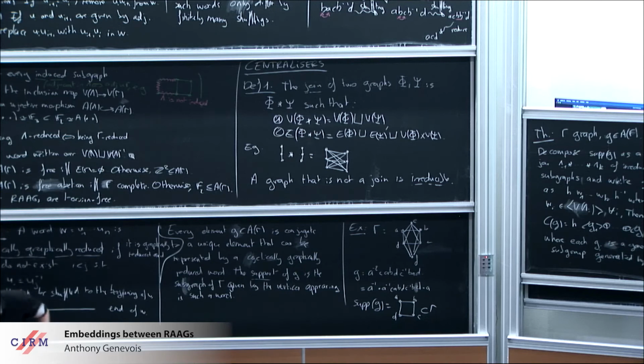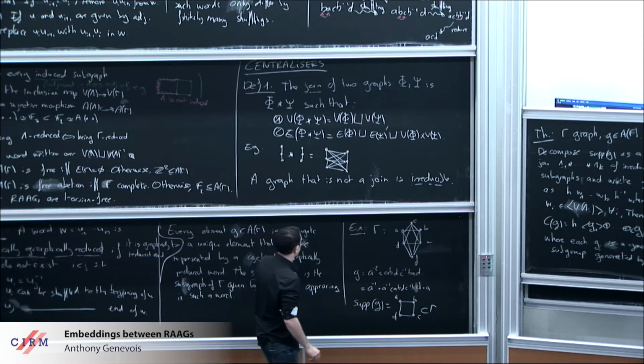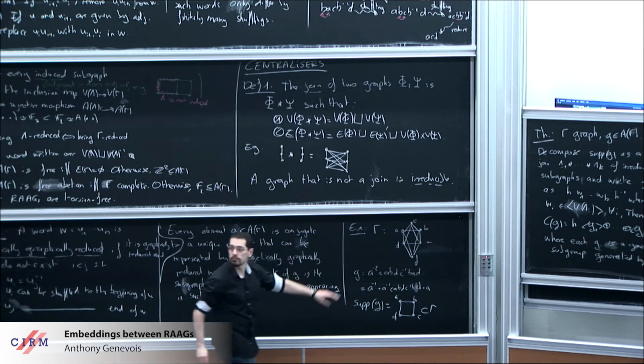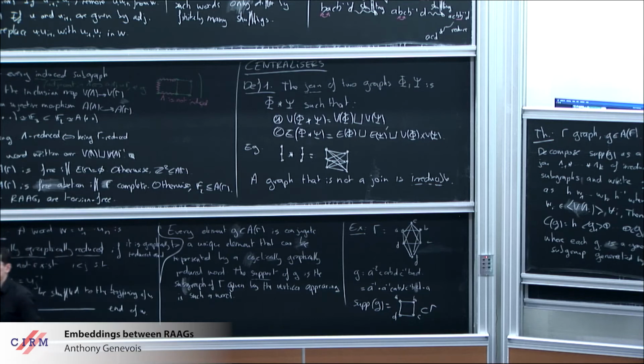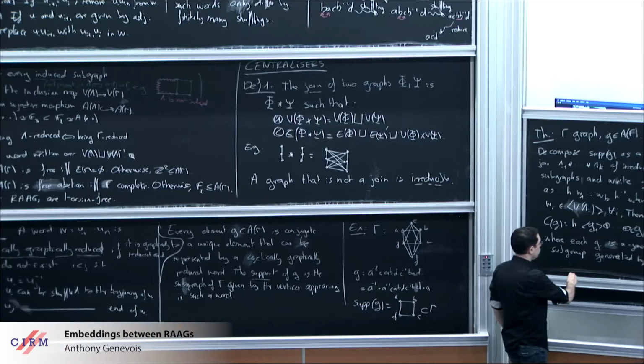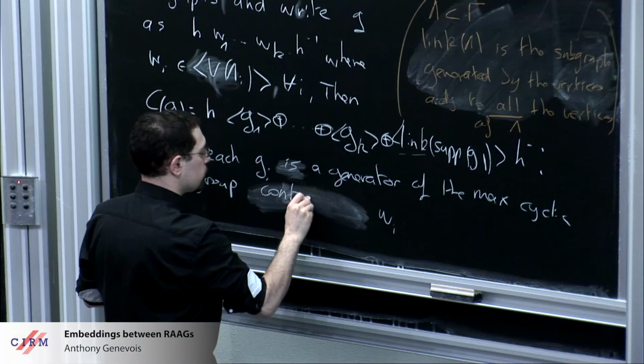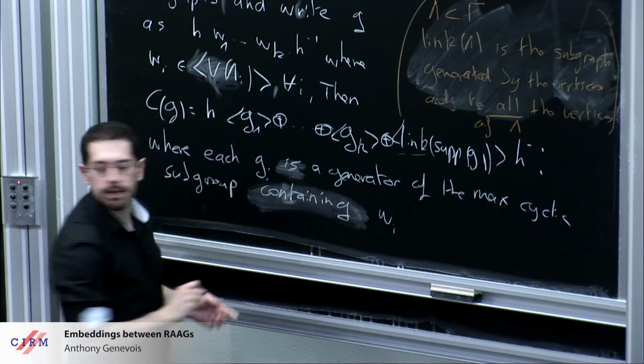Okay, so let's look at what it means on this specific example. The maximal subgroup containing Wi.